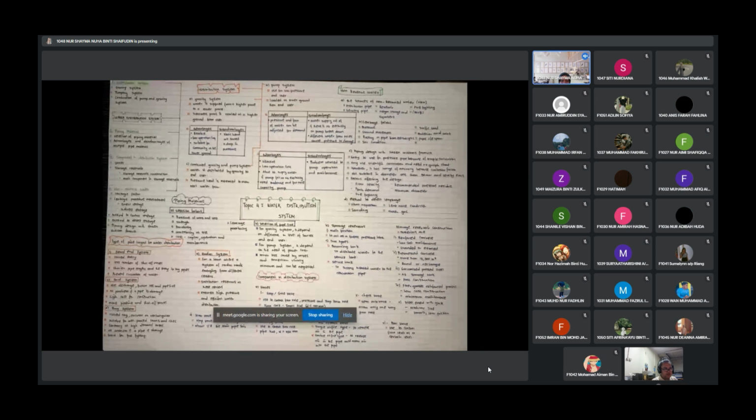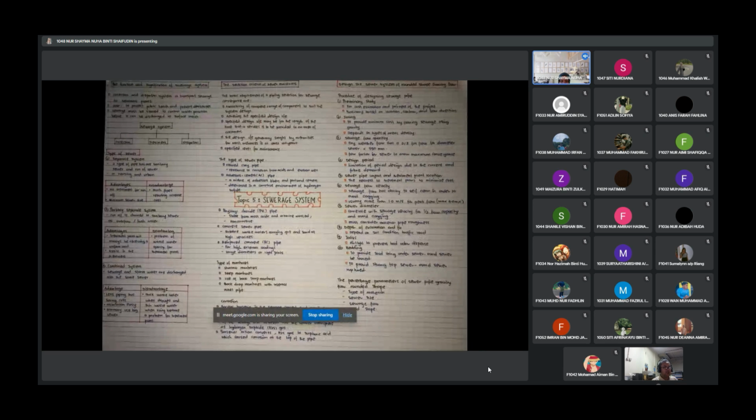Seterusnya topik 5 iaitu sewerage system. So dalam sewerage system ni kita akan jumpa the function and signification of sewerage system. Dalam sewerage system ada 3, ada collection, ada treatment, ada disposal. So type of sewer ada separate system, ada partially separate system, ada combined system.